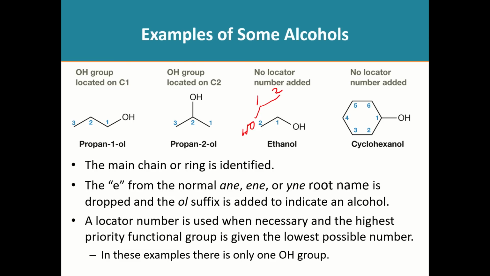It has to. So it's just redundant. When you only have 2 carbons and you have an alcohol, it's going to start at the carbon 1. So it's just redundant. And the same thing with cyclohexanol. If that's the molecule, there's only this substituent attached, and we know that's going to be priority 1.